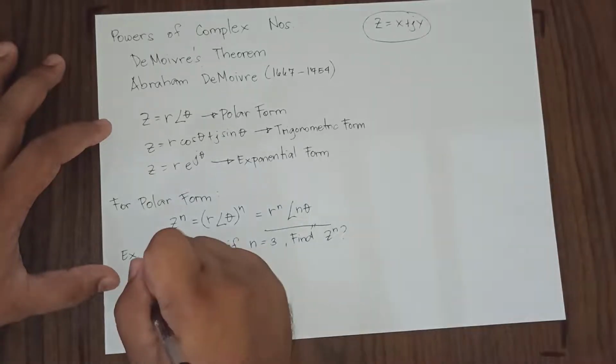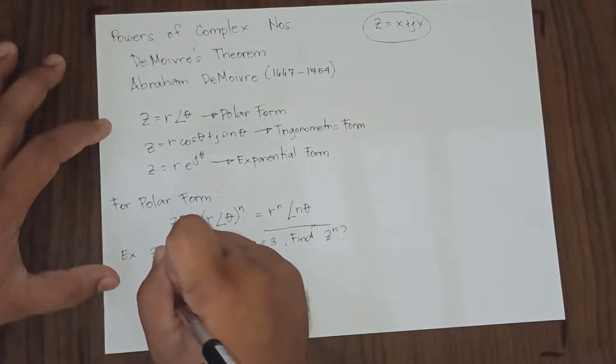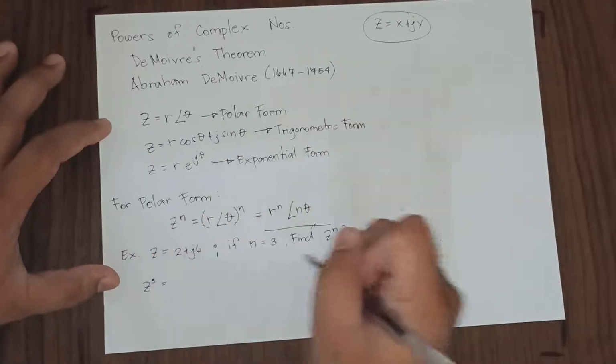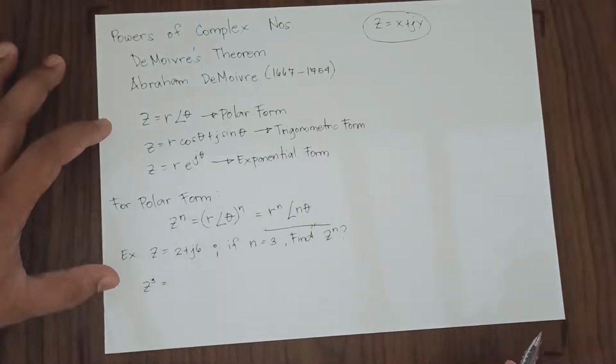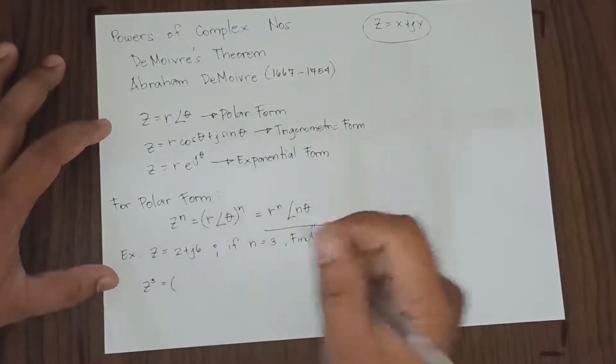So z raised to n, which is 3, is equal to, ano ba yung 2 plus j6, di ba?